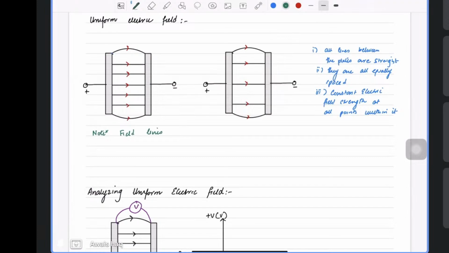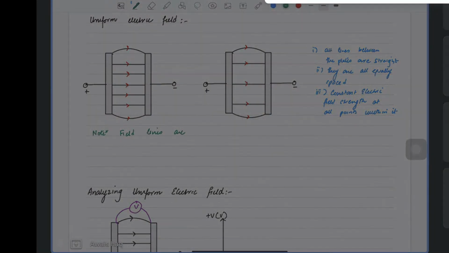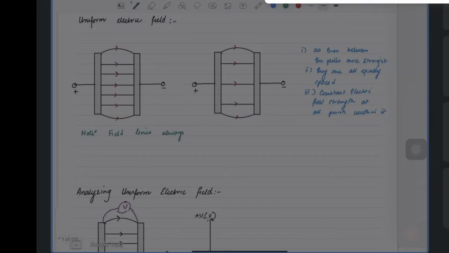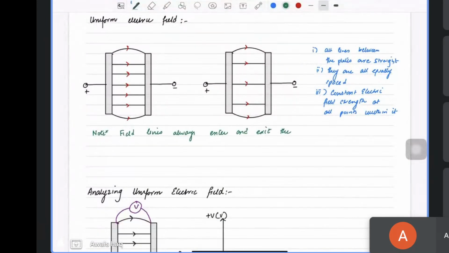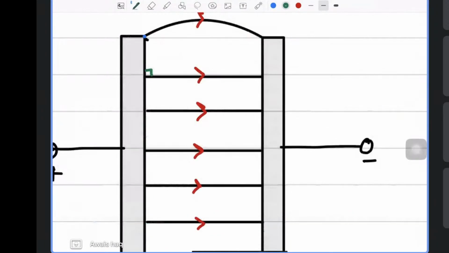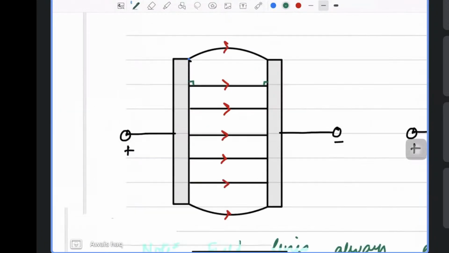Field lines always enter and exit the surface at 90 degrees, which means they will be out at 90 and they will be in at 90. So you should always remember that.